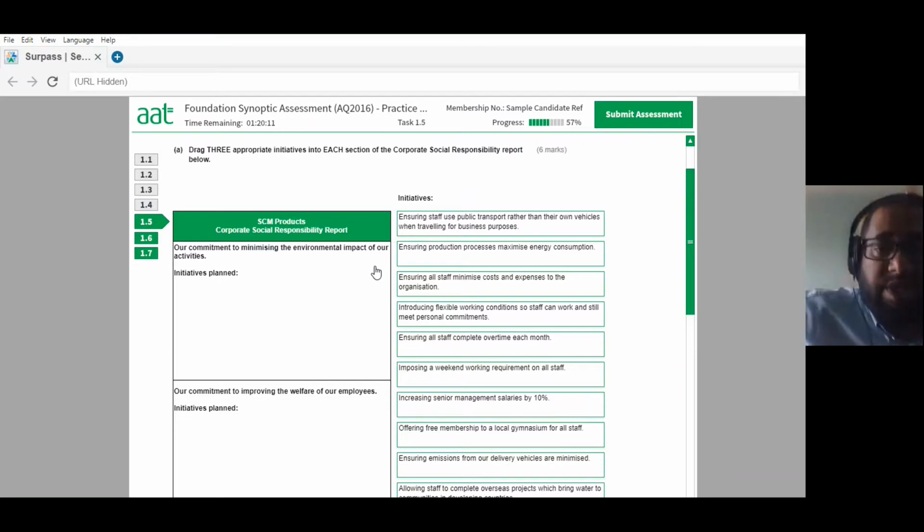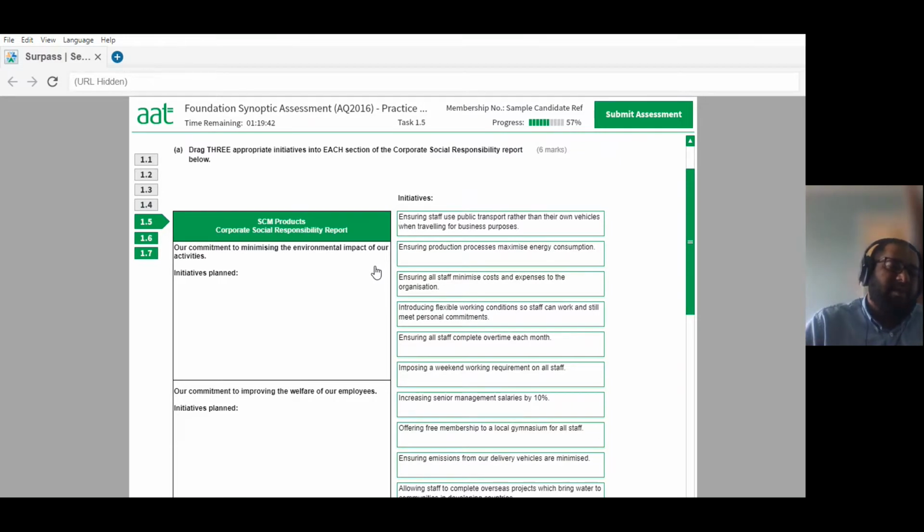Ensuring production process maximize energy consumption. If you say maximize the energy consumption, that is a counterproductive thing for your environment. So that answer is also going to be incorrect. And then look at that. Ensuring all staff minimize cost and expenses to the organizations. So you can't make sure the costs are minimized, especially when it comes to any business.